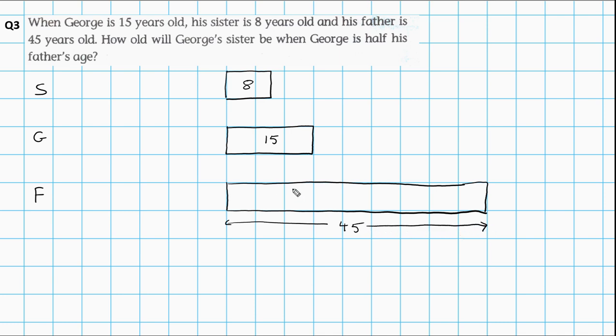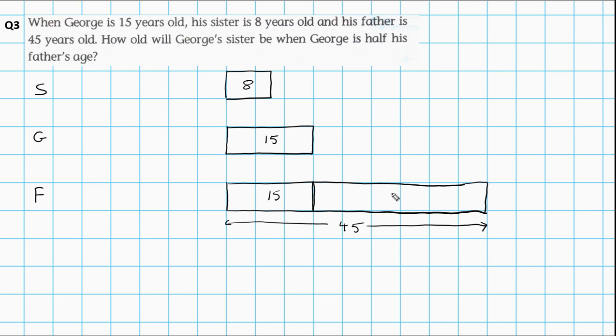Now, as with the other bar models that I've done, I like to have some parts that are of equal value. We are comparing George and his father here. Let's split the father's age up so that we've got the 15 that equals George's age.